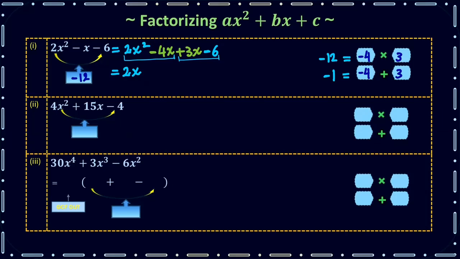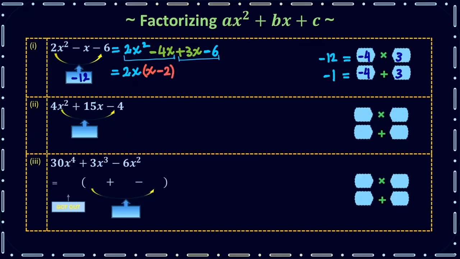To see what goes inside, we're going to take each of these terms and divide them by 2x. 2x squared divided by 2x leaves you with x. Negative 4x divided by 2x leaves you with negative 2. That takes care of the first group.